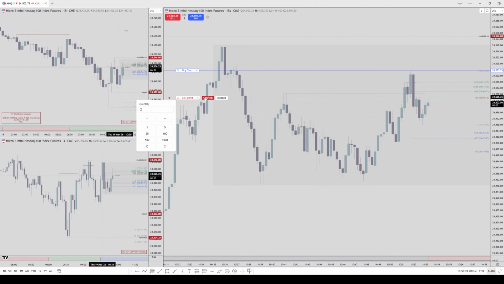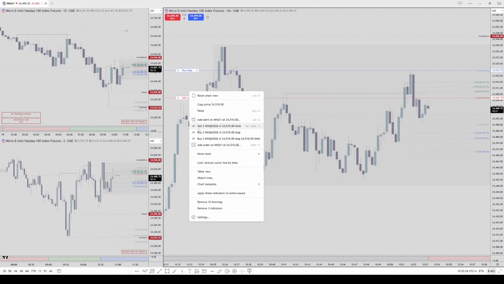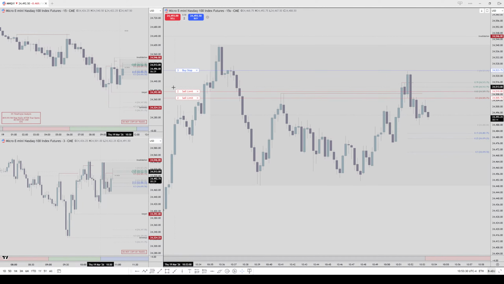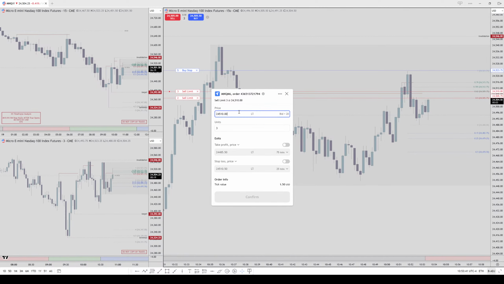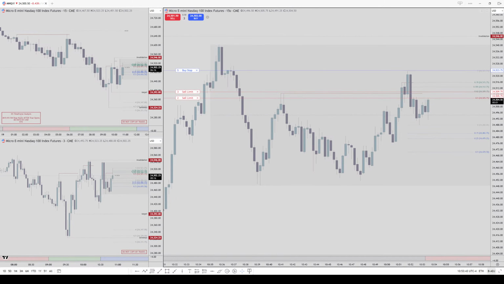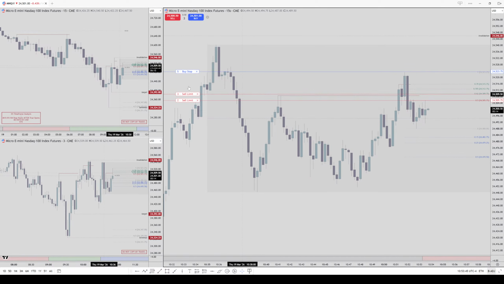Sell 2 here, sell 3 up there at 62%, total 5 contracts. Buy stops up here.